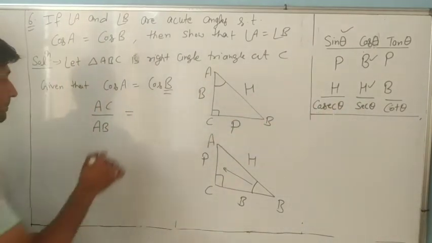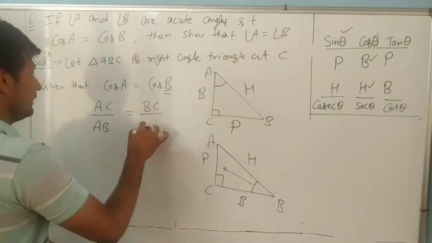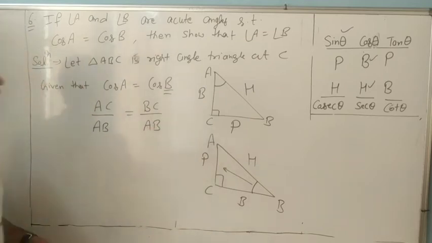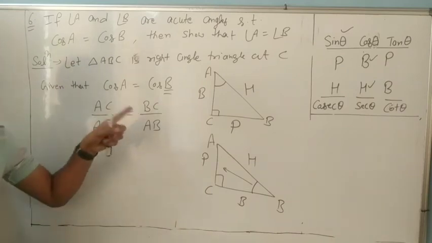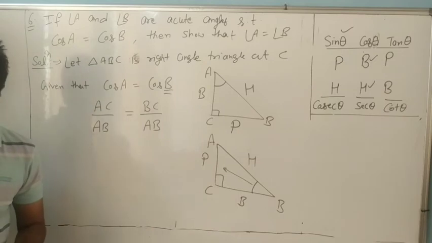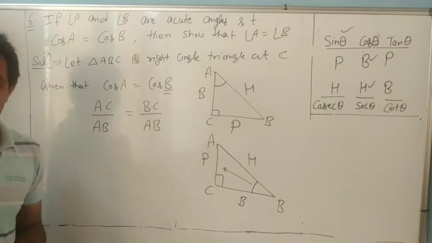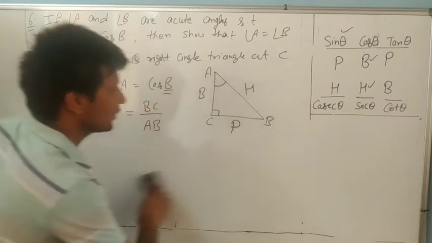The base is BC divided by AB. Don't think both are the same; they are different, because the angles are different. Understand or not?